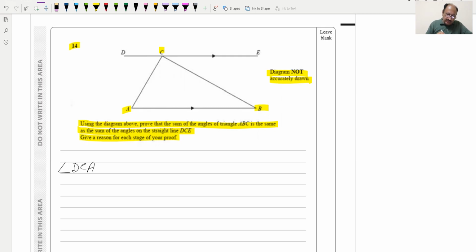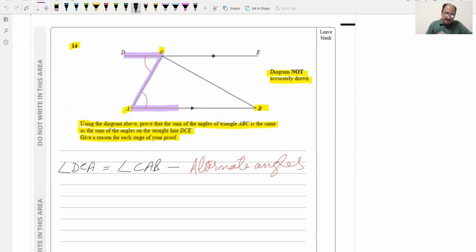Otherwise, instead of mentioning this, we can show Z, this one, this will be our Z, and we know that this angle will be equal to this angle, and we will write this will be equal to angle CAB, and the reason for this we will write: alternate angles. Alternate angles will be equal.